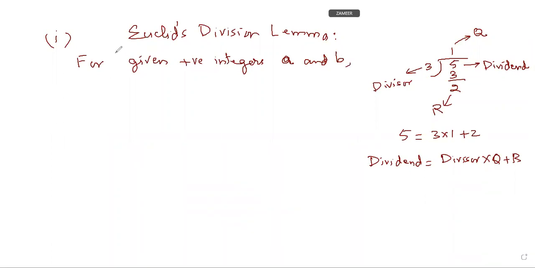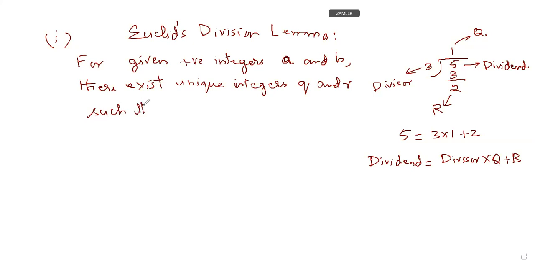Then there exist unique integers q and r satisfying the condition a is equal to dividend is equal to divisor into quotient plus remainder, that is, a equals bq plus r.